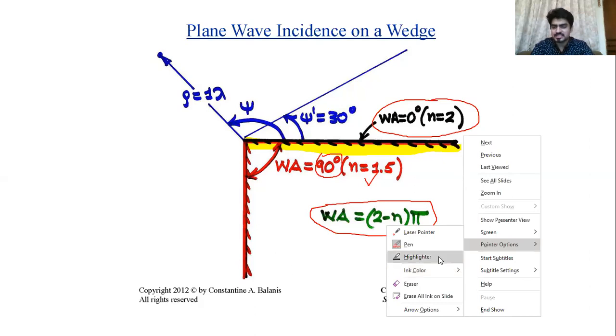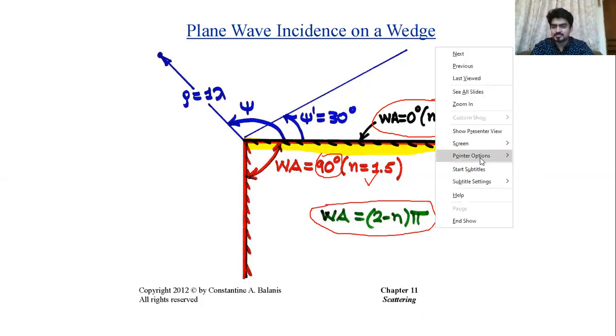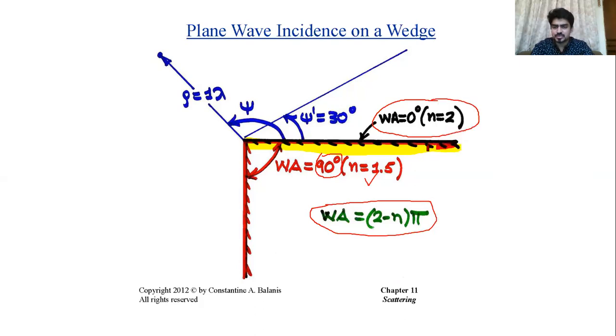Let me highlight again so that it is clear. So this is given by this portion and this portion. So that is a 90 degree wedge.